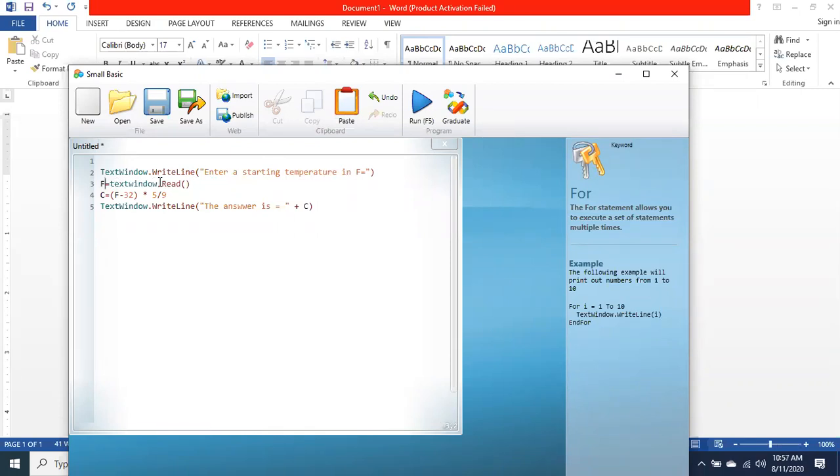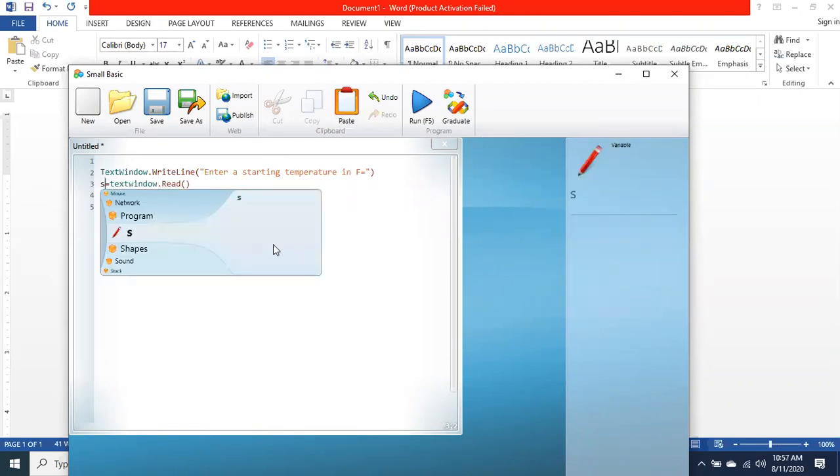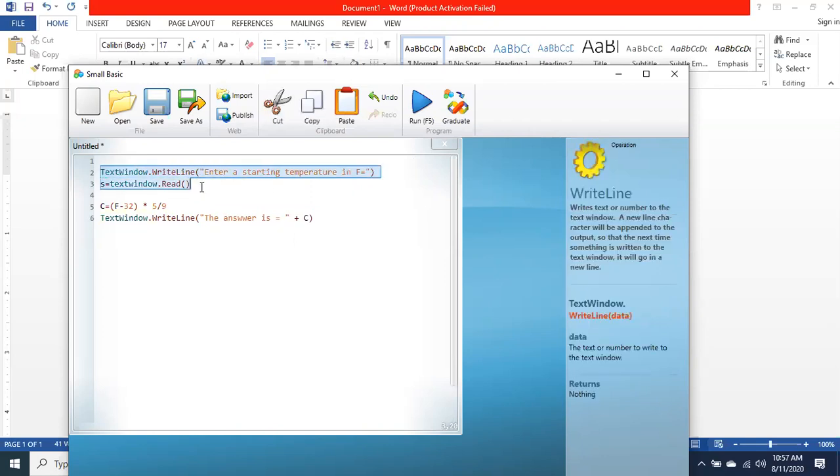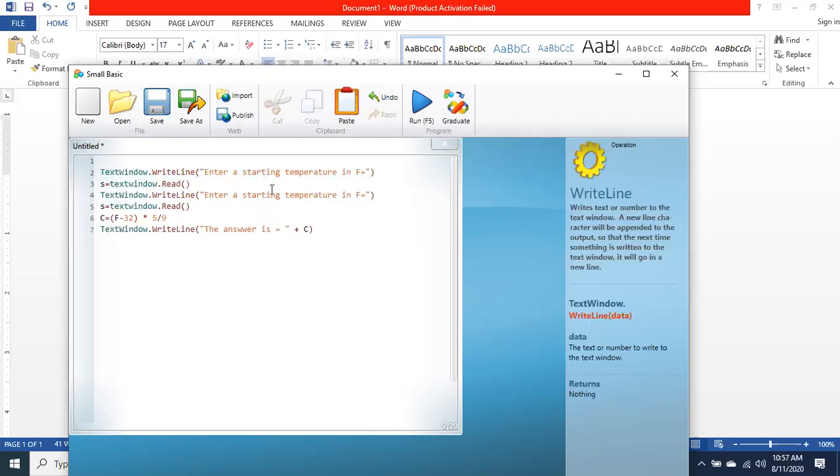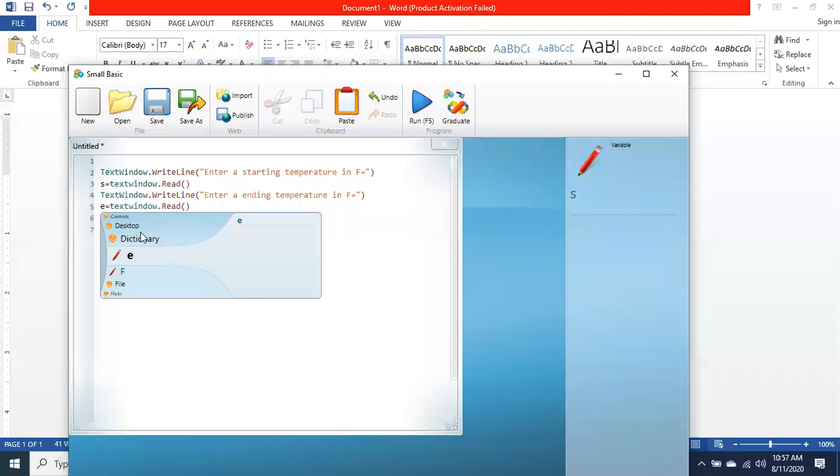Let's suppose the starting temperature is S. Then we will say TextWindow.WriteLine, ending temperature. Where to where do we have to convert? I have copied and pasted it. Ending temperature in Fahrenheit. We store the ending temperature in E. For example, the user will say start from 90 and go to 100. It depends on the user.